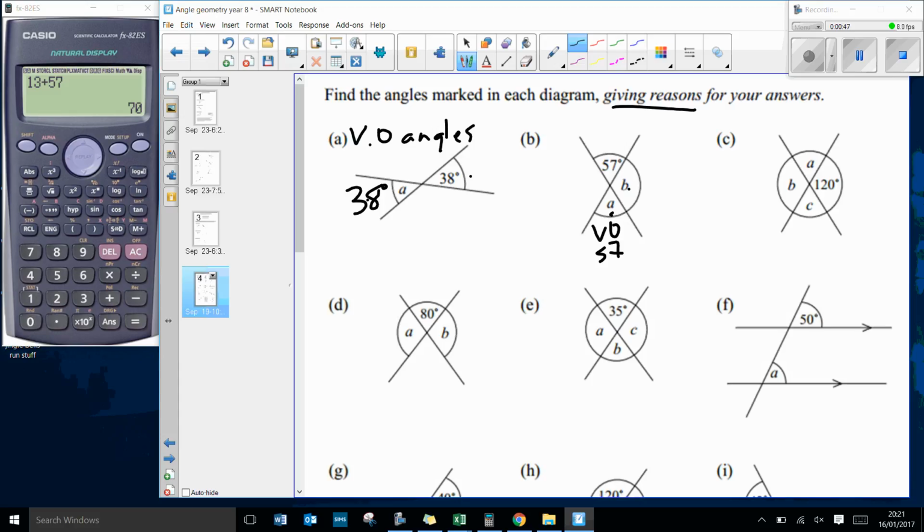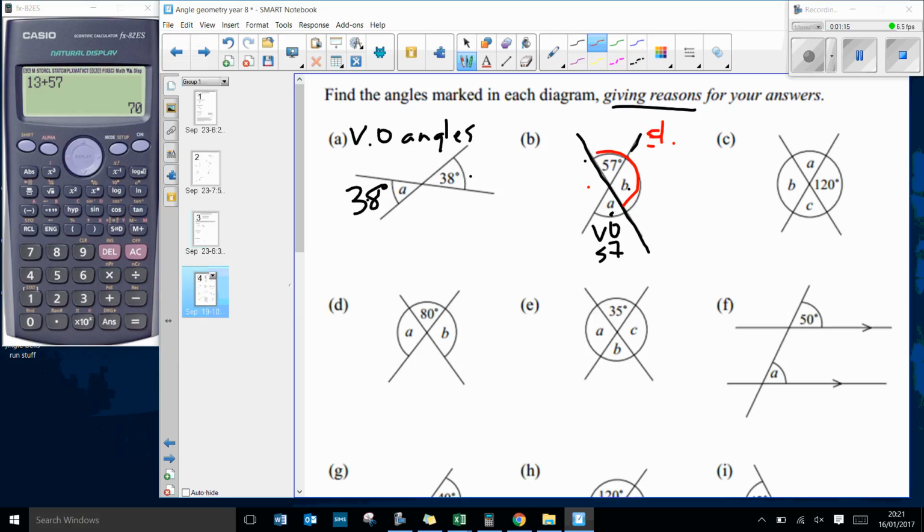Now angle B, this is where a lot of people tend to focus on the fact that there are angles at a point. However, if we just focus on this being a straight line, I can see that these two angles would add up to 180, and that's a much faster way of calculating it rather than having to assume that this one is the same as B. So we would use our angles for a straight line.